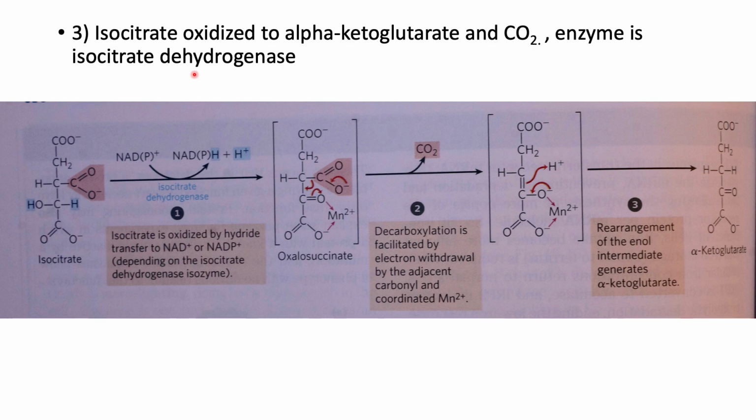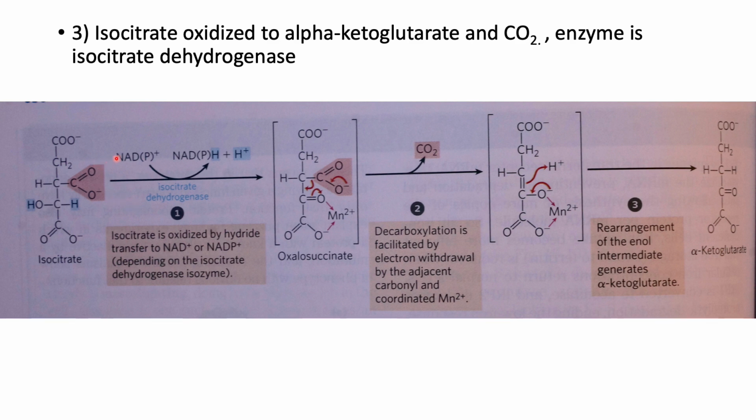Number 3 step is isocitrate oxidized to alpha-ketoglutarate and carbon dioxide. The enzyme is isocitrate dehydrogenase. And in this formulation, you get oxidation of isocitrate by hydride transfer to NAD or NADP, depending on the isocitrate dehydrogenase complex.